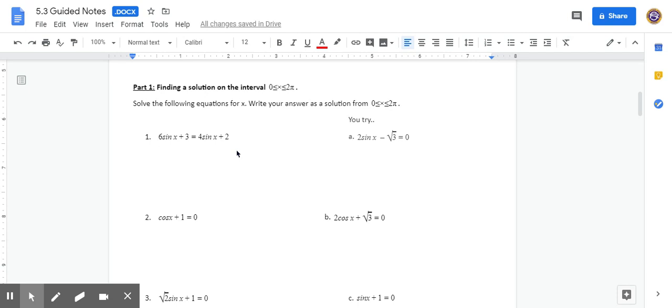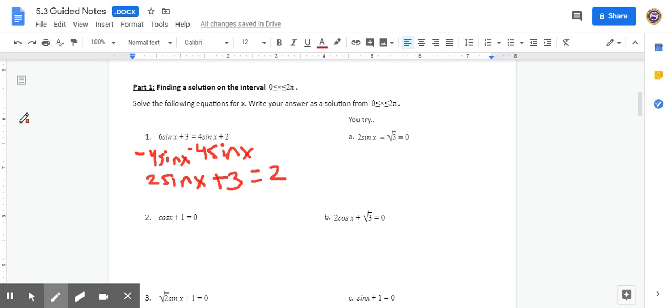For this equation, we are going to start by subtracting 4 sine x from both sides. On the left, I'm left with 2 sine x, because 6 minus 4 is 2, plus 3 equals 2.